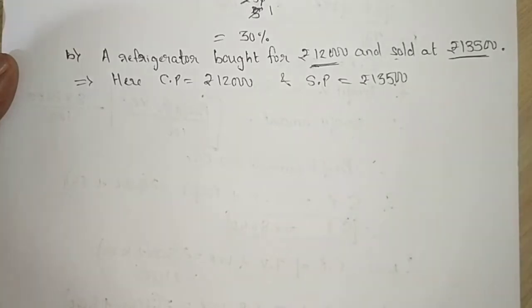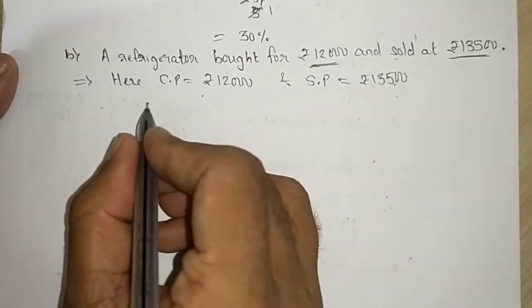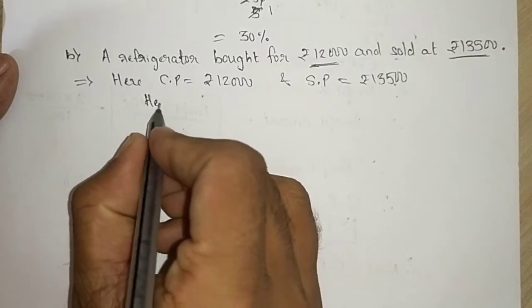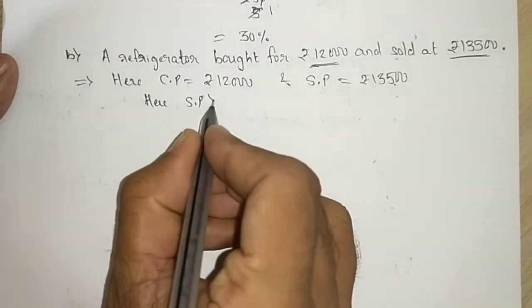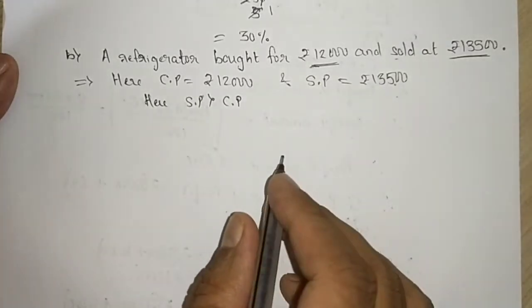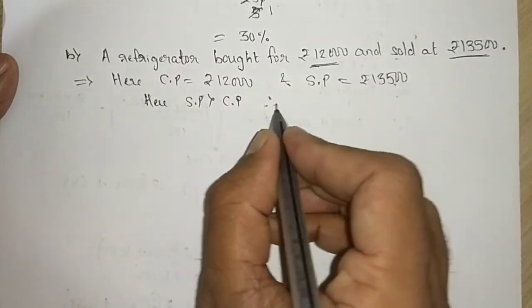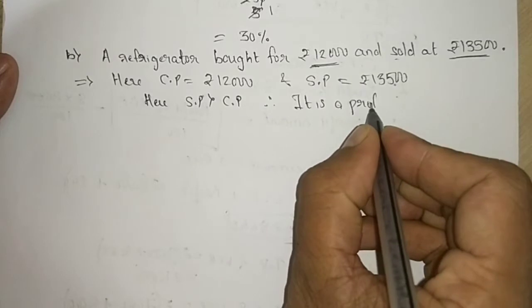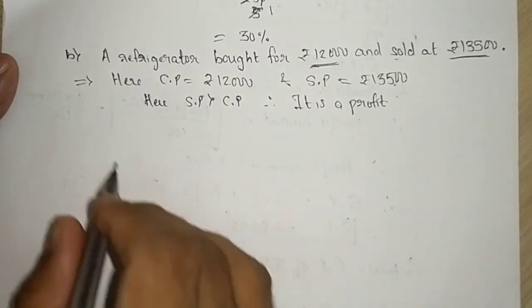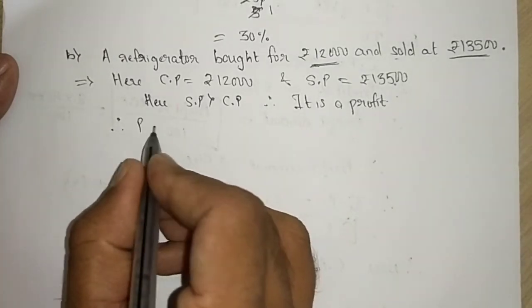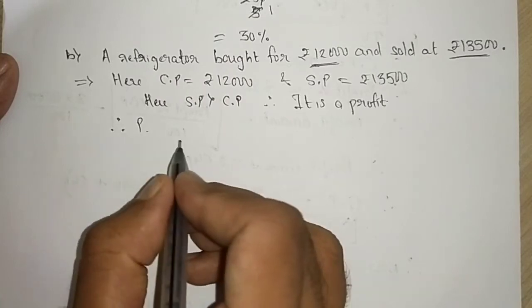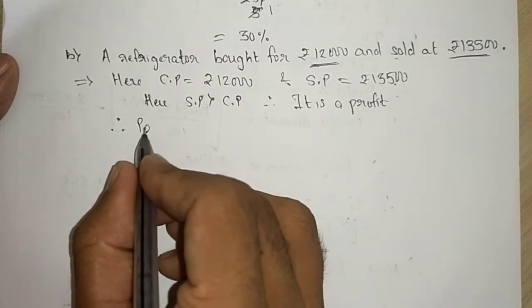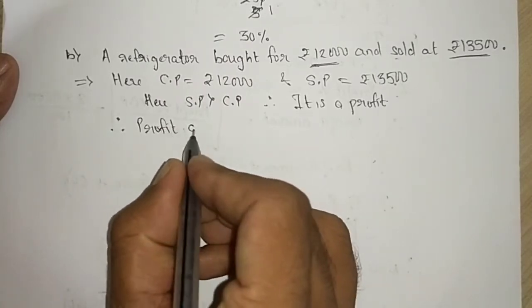You can clearly see here selling price is greater than cost price, therefore it is a profit.